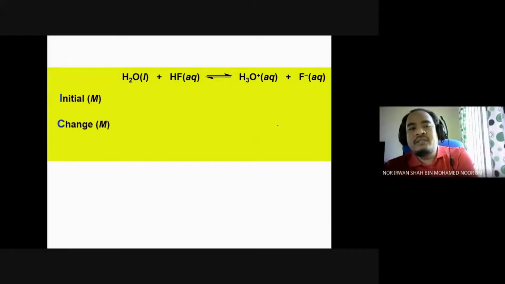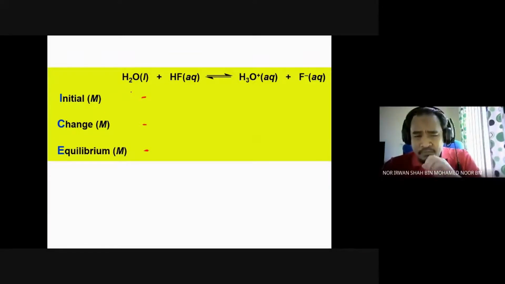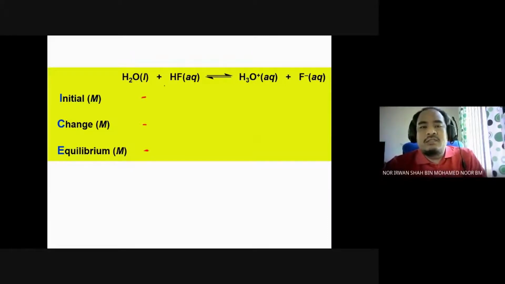Okay, so kita ada initial, changes and equilibrium concentrations. Okay, so macam biasalah, untuk air kita tak masukkan sebab pure liquid kan. Lagi satu, the ionization of water is very small kan, 1 × 10⁻⁷. So that's why kita boleh abaikan sahaja ionization of water.